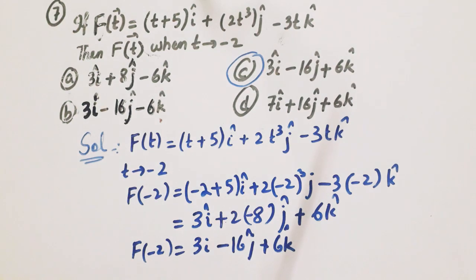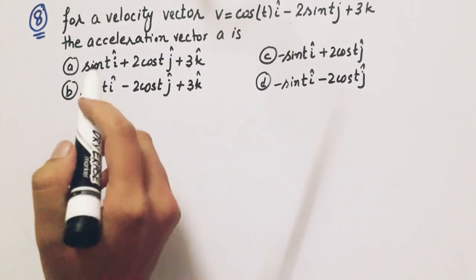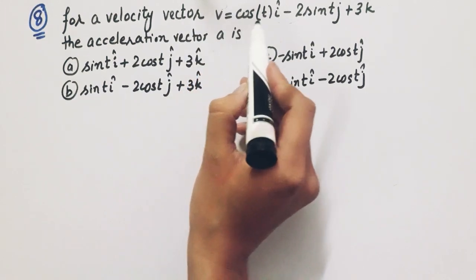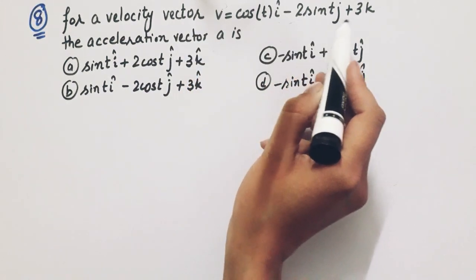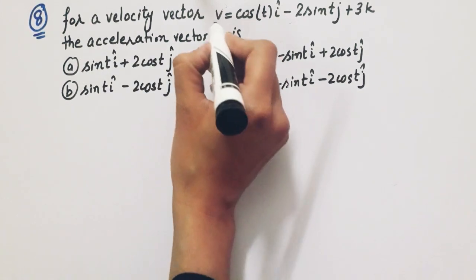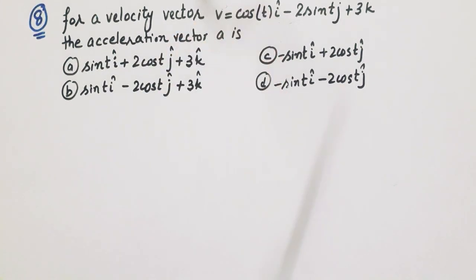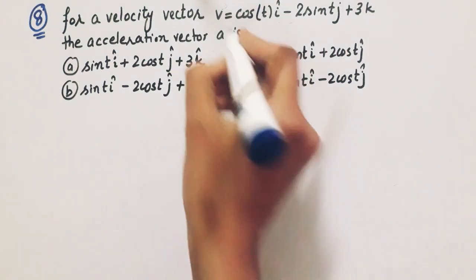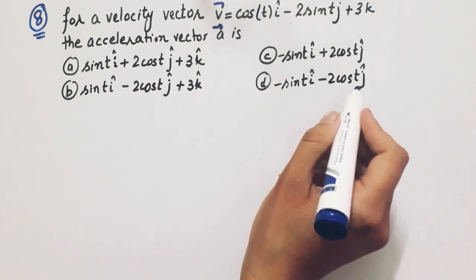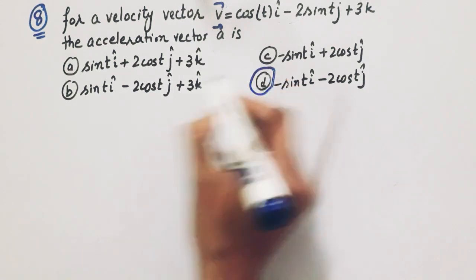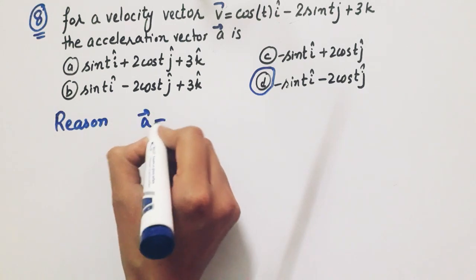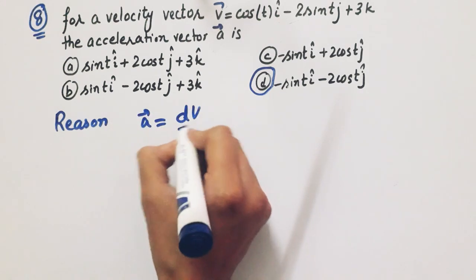Now we will solve the 8th MCQ. For a velocity vector v equal to cos t i minus 2 sin t j plus 3k, the acceleration vector will be what? Now we will find the acceleration vector, and the velocity vector is given. The correct option of this MCQ is minus sin t i minus 2 cos t j. The reason behind this is we know that acceleration is equal to dv by dt.